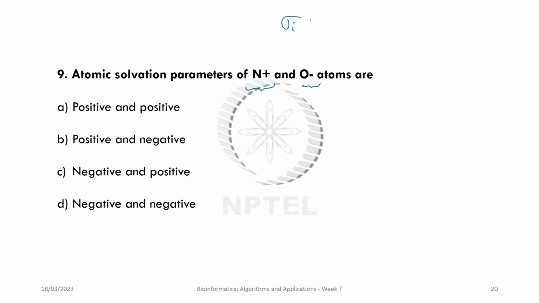So I hope you remember this sigma, which was the atomic solvation parameter, and there were five categories.